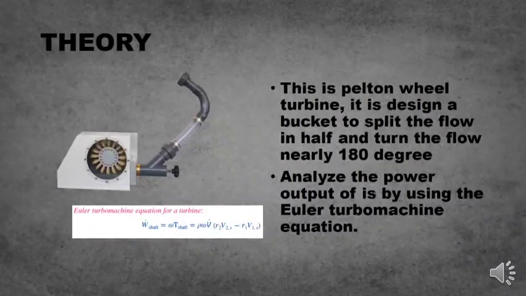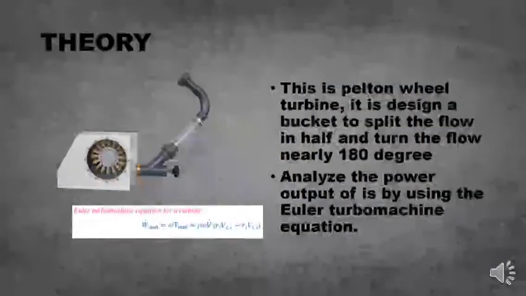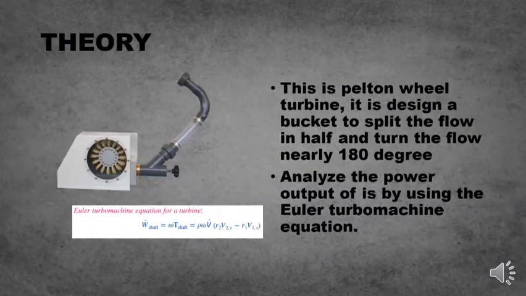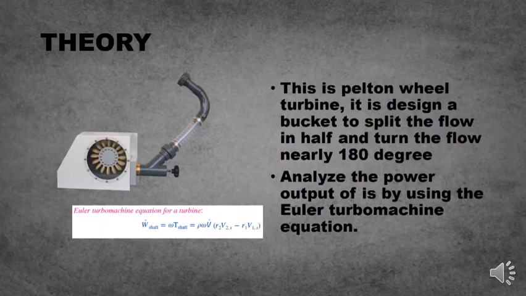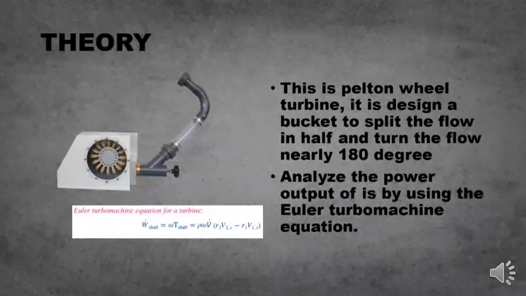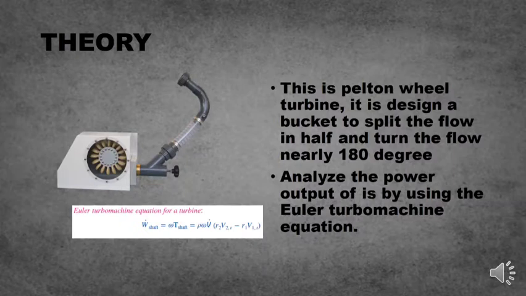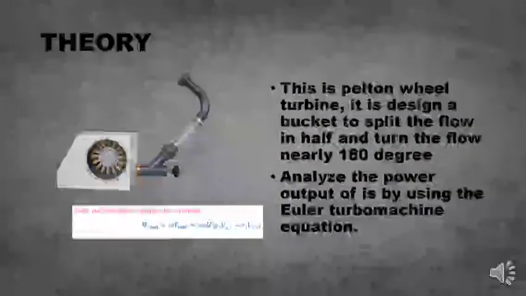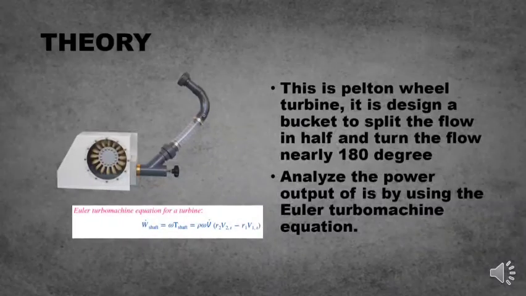This Pelton turbine is designed with a bucket, or the propeller has a bucket design, which can split the water flow out into half, and it will determine the speed of the water flow and how fast the propeller rotates.